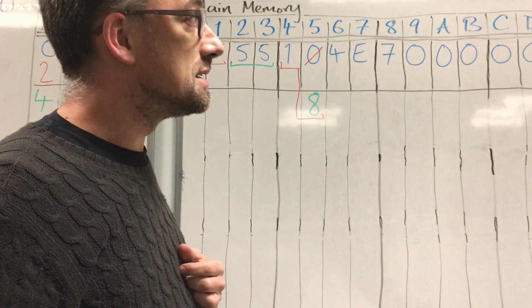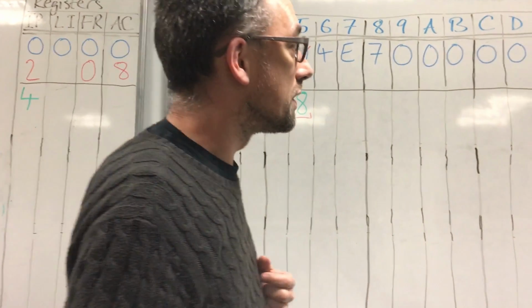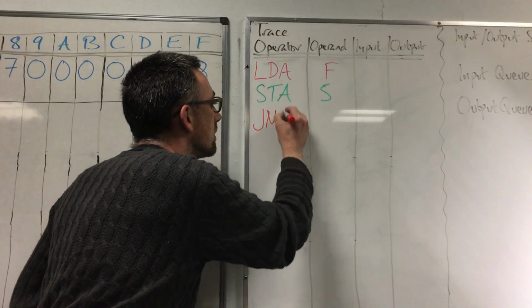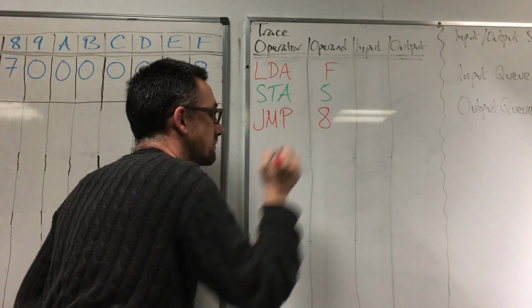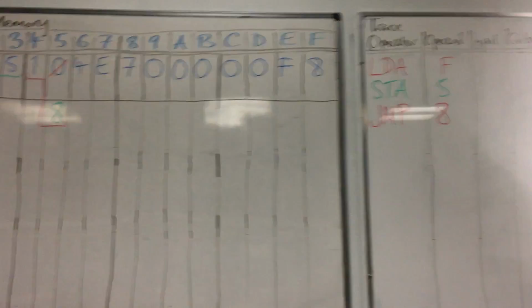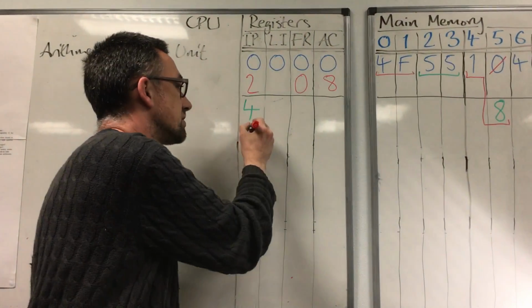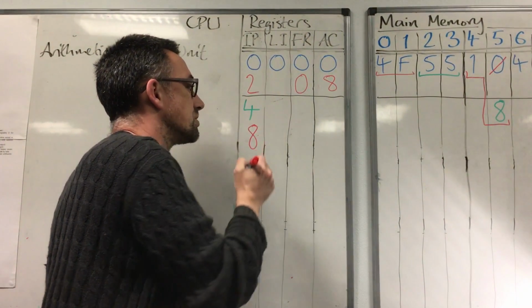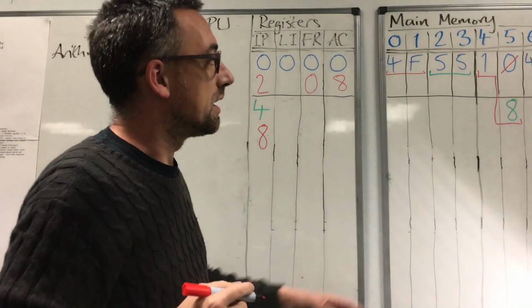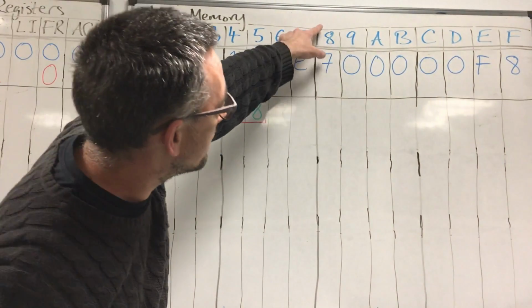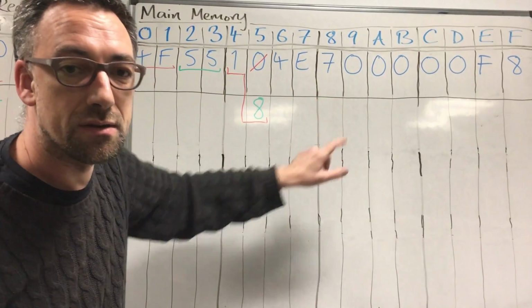So the correct decoding of the instruction is jump to 8. And correspondingly, the impact of that on the registers is just to set the instruction pointer to 8. And that means that we jump over all of this other code and the next instruction is here.